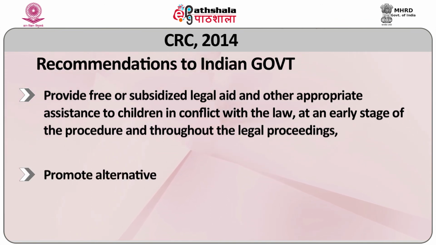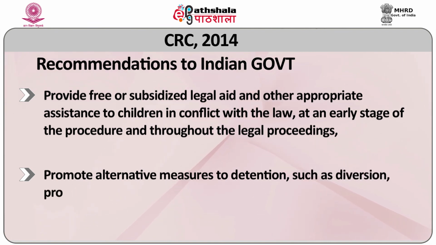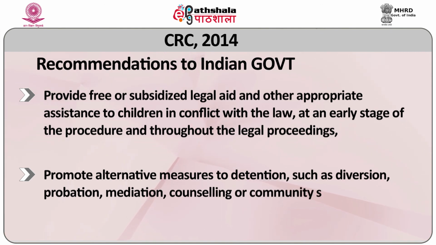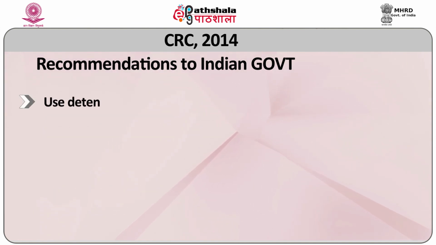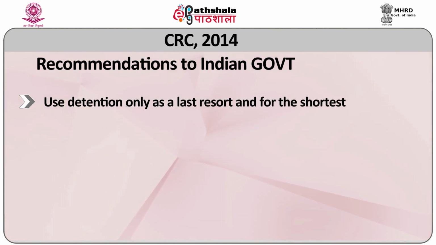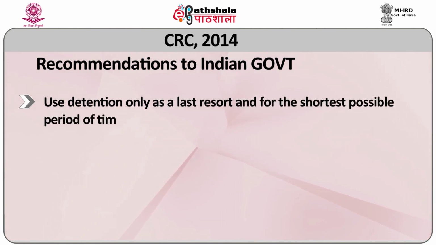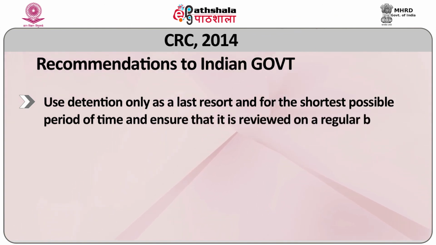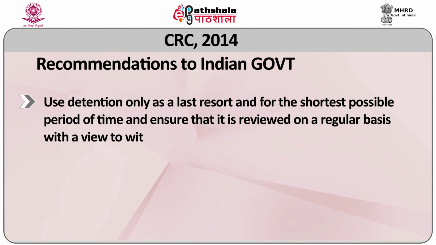Fifthly, promote alternative measures to detention such as diversion, probation, mediation, counseling or community service wherever necessary and wherever possible. Sixthly, use detention only as a last resort and for the shortest possible period of time and ensure that it is reviewed on a regular basis with a view to withdrawing it.